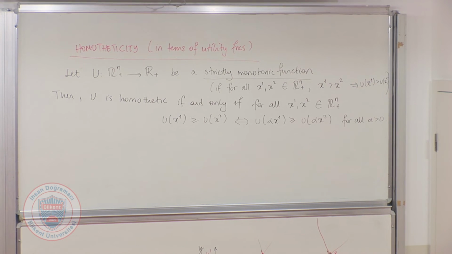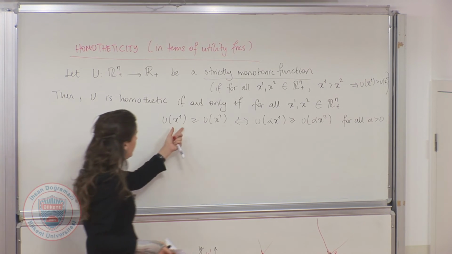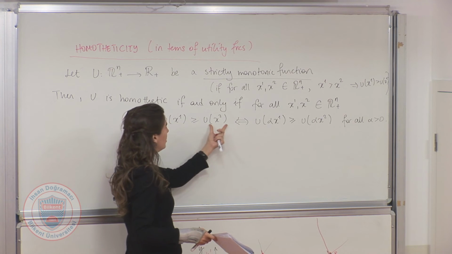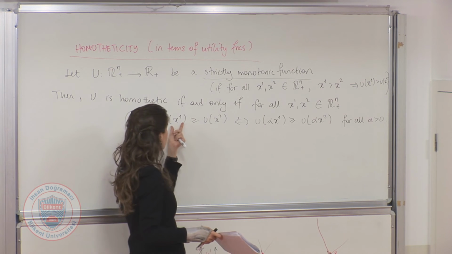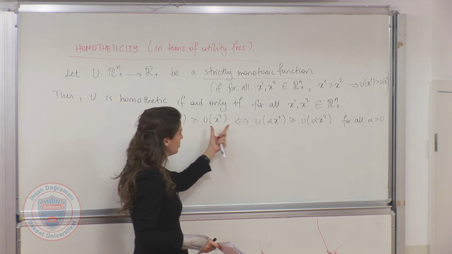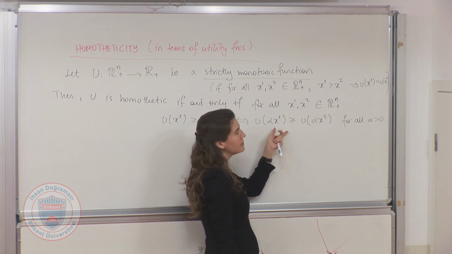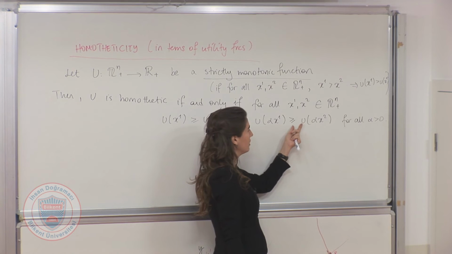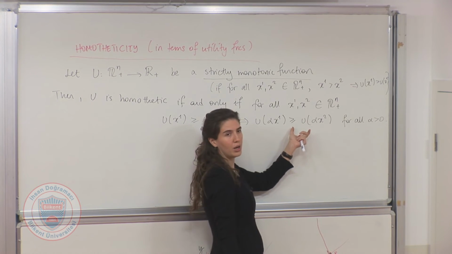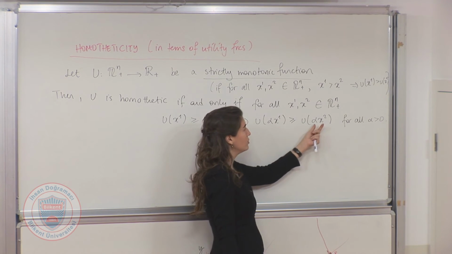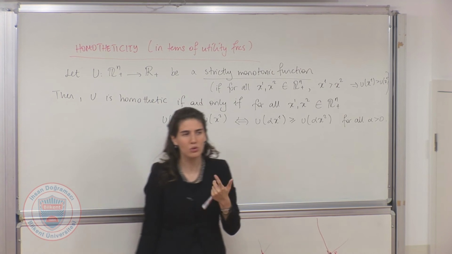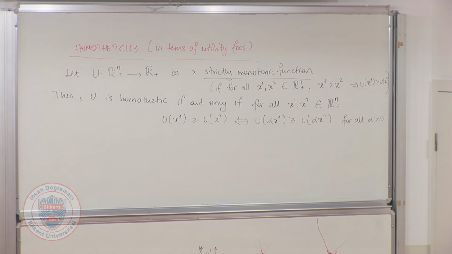Or if this bundle gives a utility greater than or equal to the other, then alpha times that bundle should give a utility greater than or equal to alpha times the other bundle's utility. So basically, this is the case.